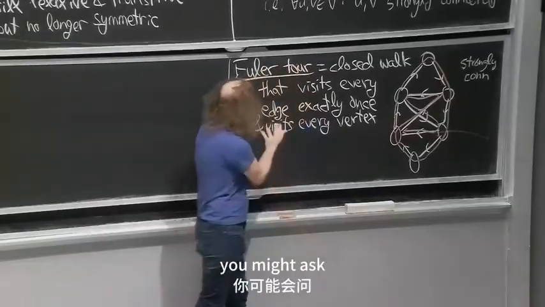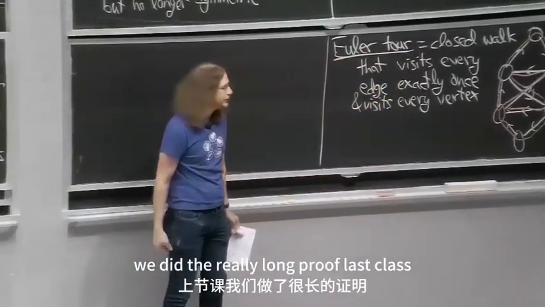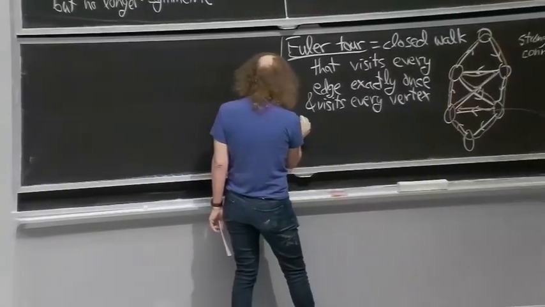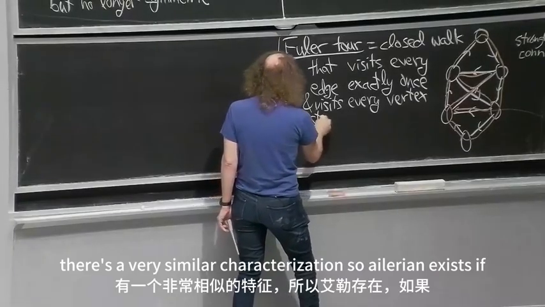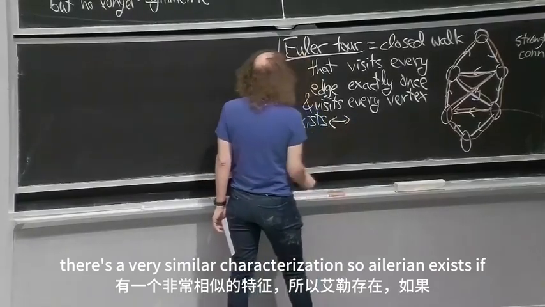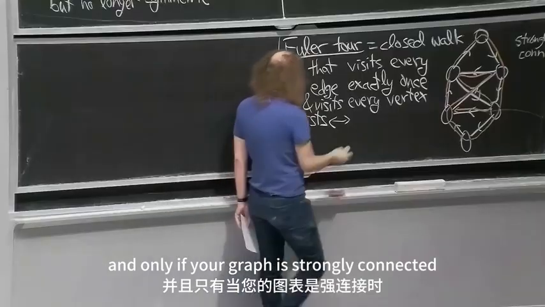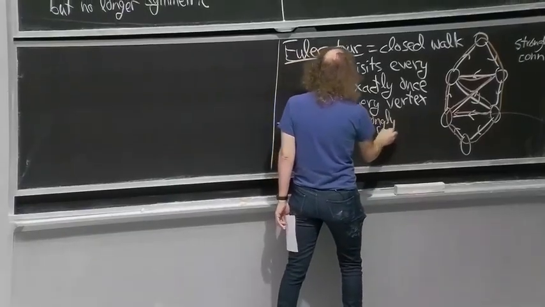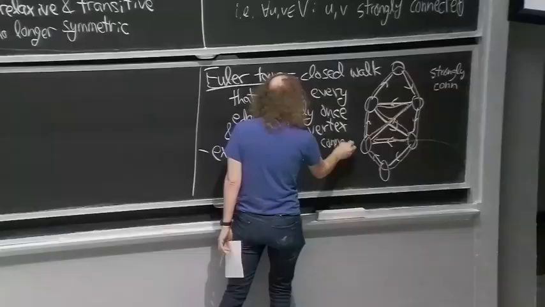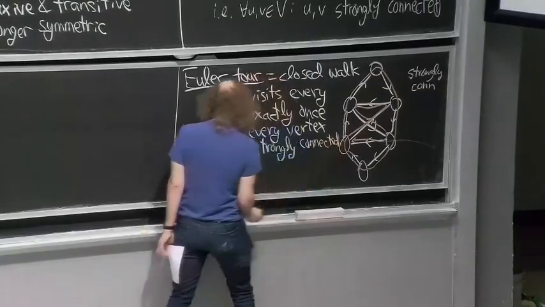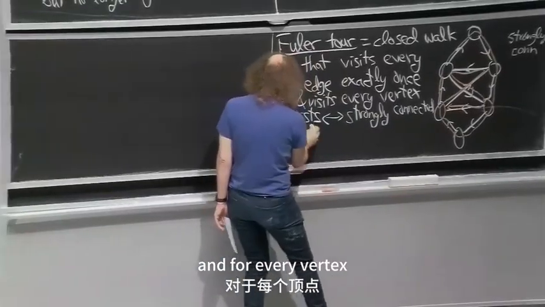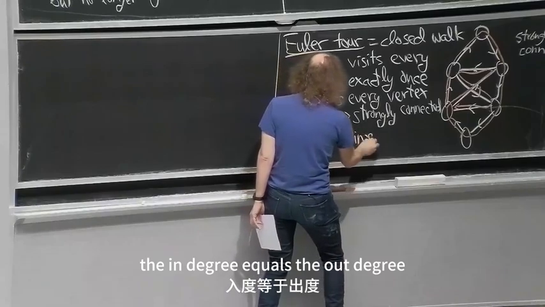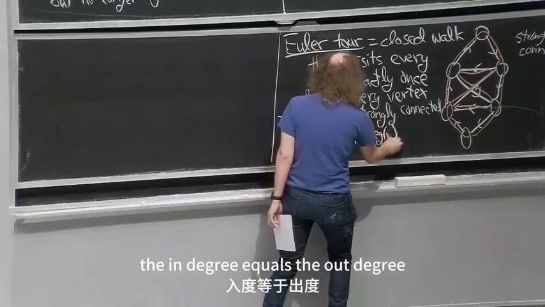So again, you might ask which graphs are Eulerian. We did the really long proof last class, and it turns out there's a very similar characterization. So an Euler tour exists if and only if your graph is strongly connected and for every vertex, the in degree equals the out degree.